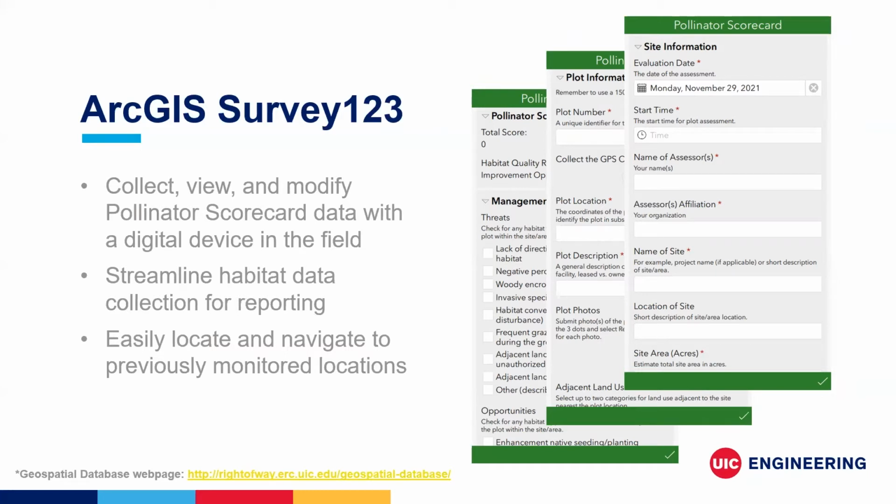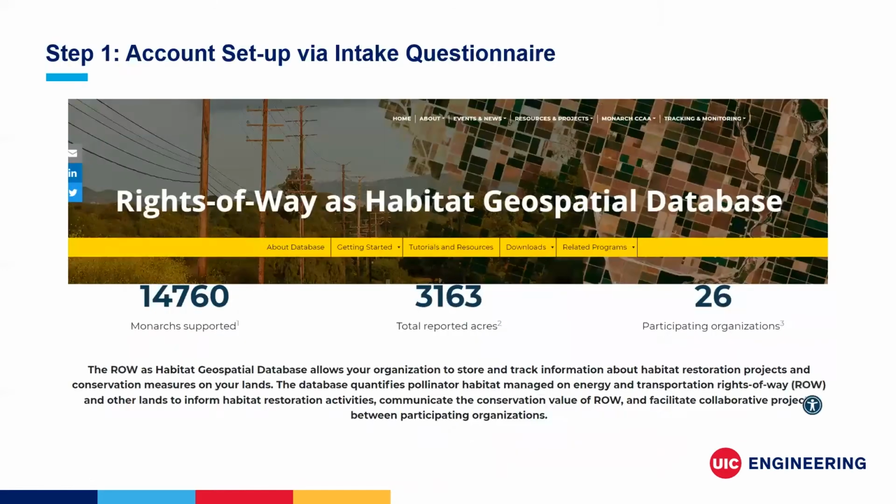With online and offline functionality, the app streamlines Pollinator Scorecard habitat data collection by automatically syncing responses into a central database, which was also developed by the Rights of Way as Habitat Working Group. To learn more about this geospatial database, visit our Geospatial Database webpage.